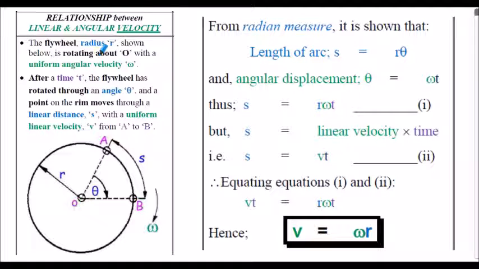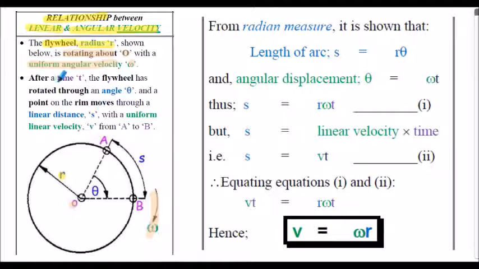So here's a brief overview of the relationship between linear and angular velocity. If we consider a flywheel of radius r, shown in the sketch here, and it's rotating about point O, shown here, with a uniform or constant angular velocity omega.